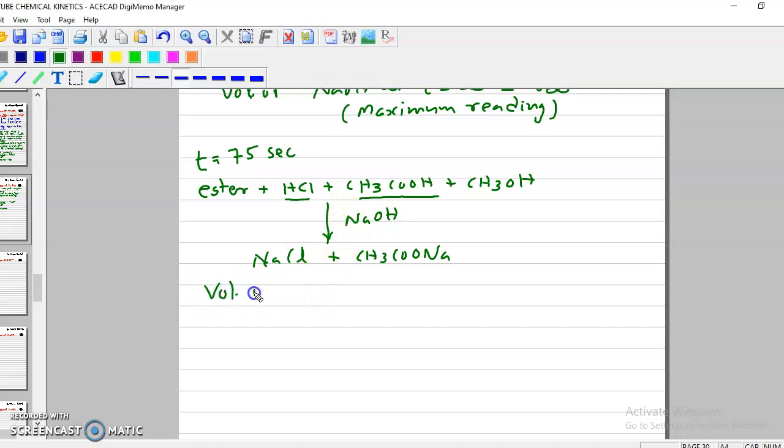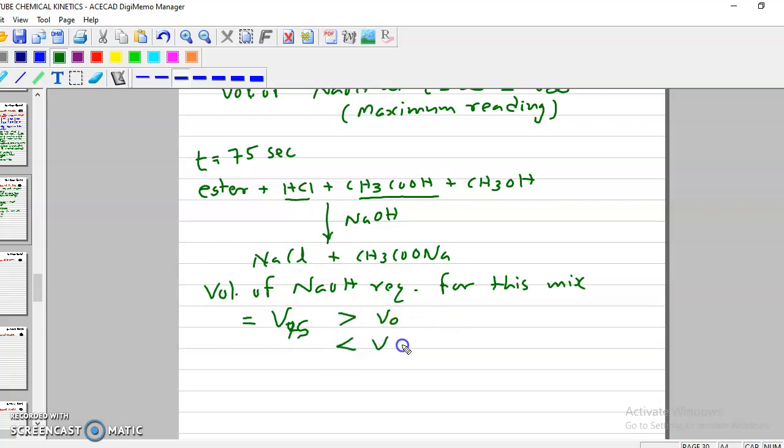So the volume of NaOH required for this mixture is called V75, and this will be greater than V0 and less than V infinity.